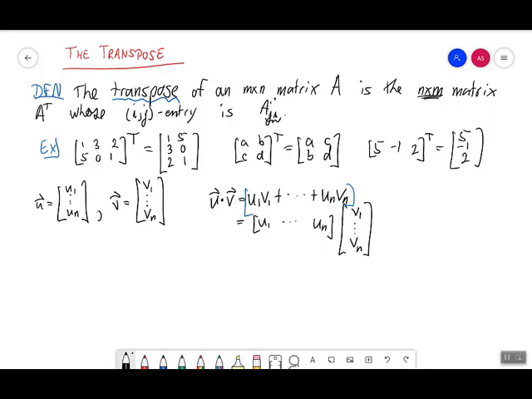Okay, so here I have this times this, but that's the same as the transpose of u times, using normal matrix multiplication, v.